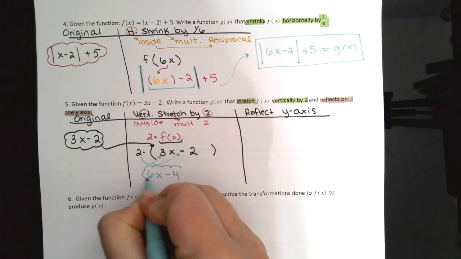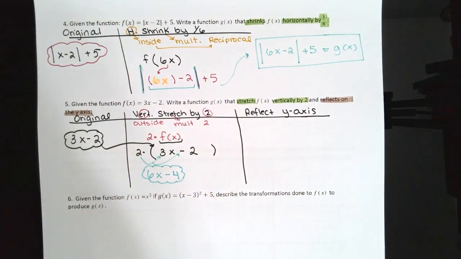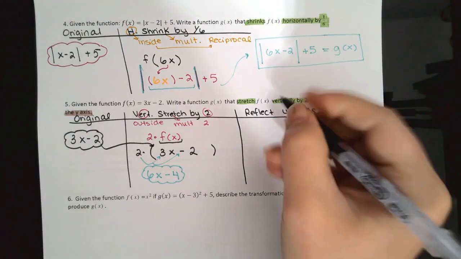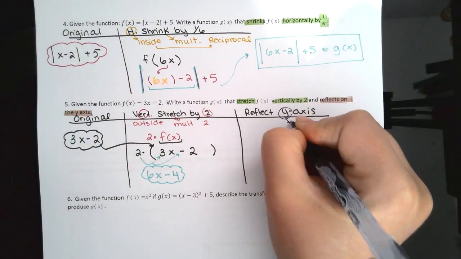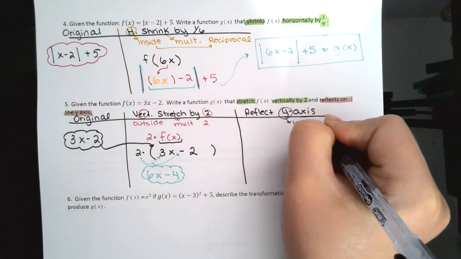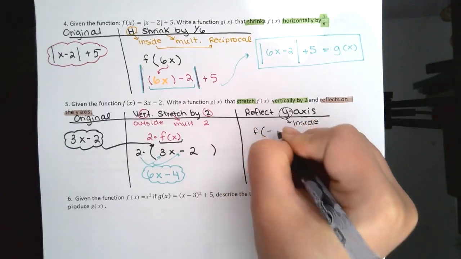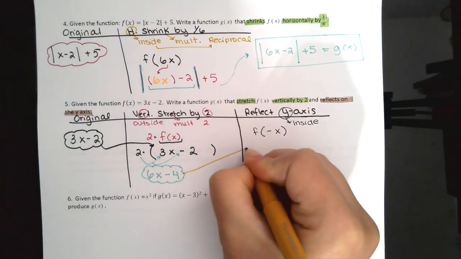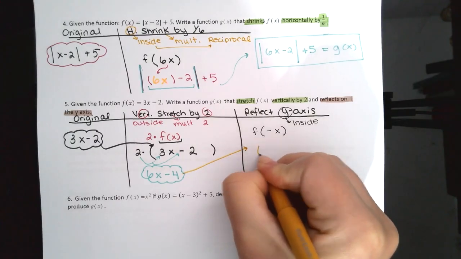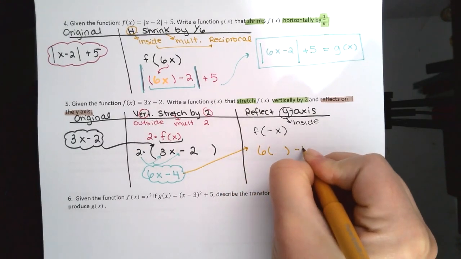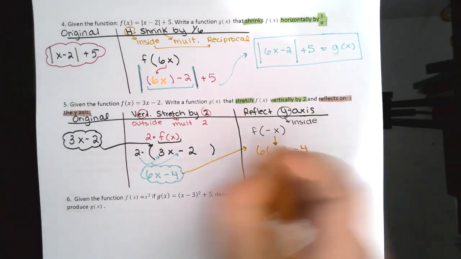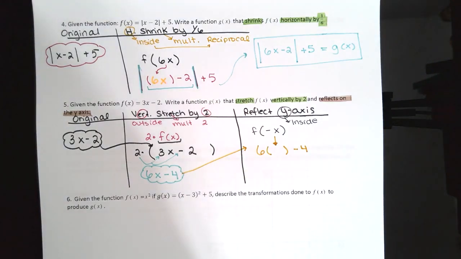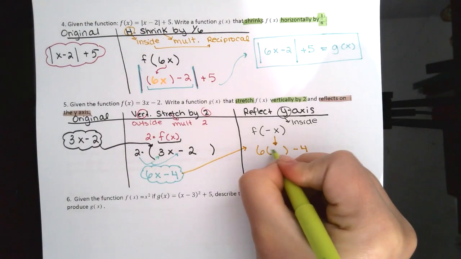I'm going to put that in thinking bubble. That's our first change. Second change, we have a reflection on the y-axis. That is an inside change. So we have f of negative x, which means when I am writing out my function here, I'm going to open up for x, and I am going to be replacing with a negative x inside my parentheses.